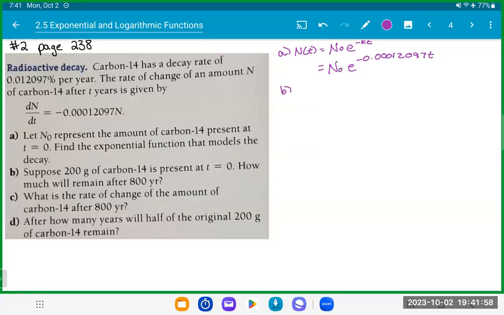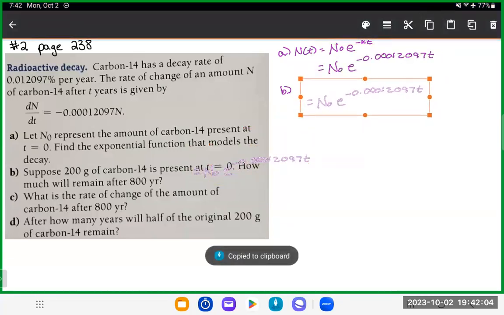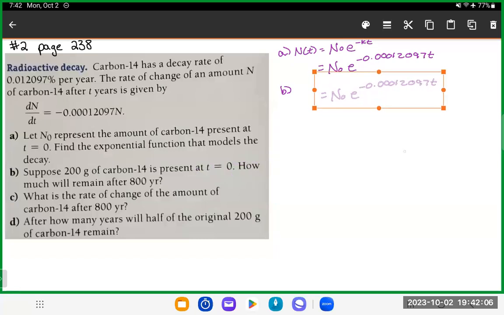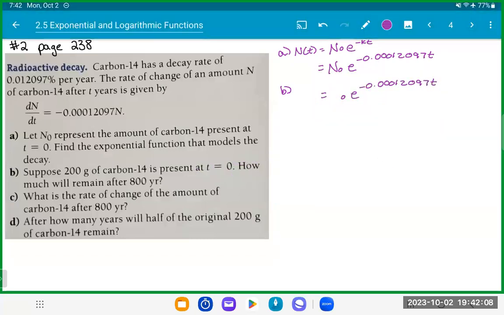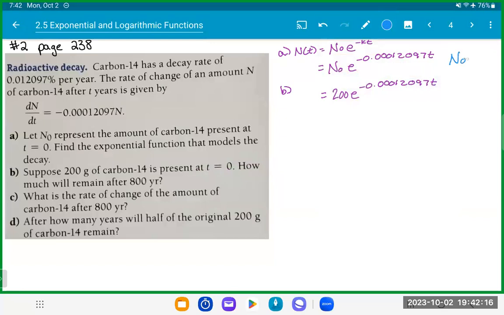Part B, we really just take this and plug in our N naught. Remember, N naught equals 200 grams.